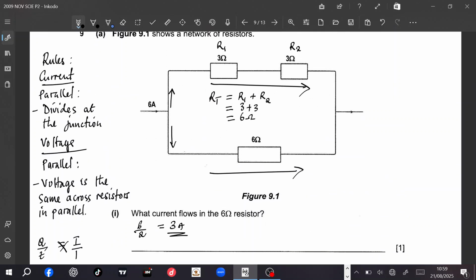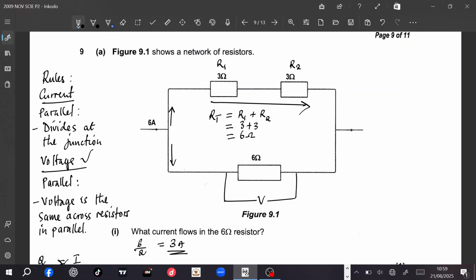They are saying, what is the voltage here? As we said, we already talked about voltage. Voltage is the same across resistors in parallel. So, like this, it will be hard for you to find voltage.